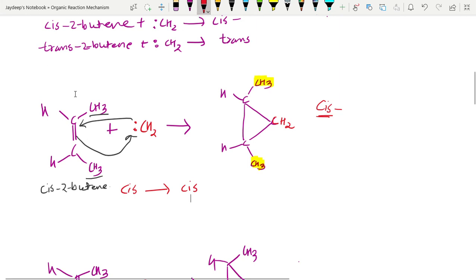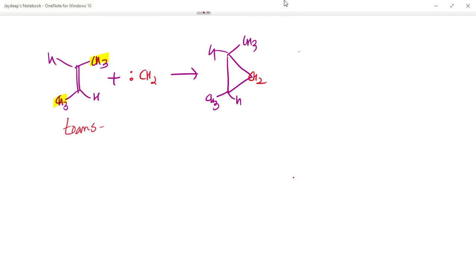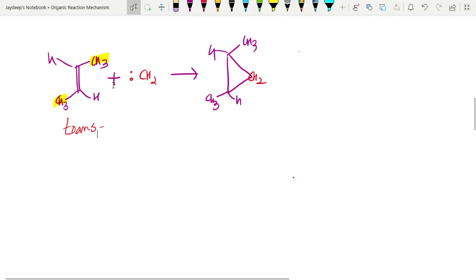Similarly, in the second example, if you see the geometry, the methyl groups are opposite to each other, so these are trans molecules. When trans 2-butene reacts with the carbene, it forms such a cyclic product, the cyclopropane.